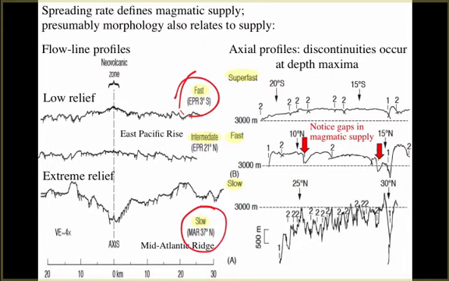Another thing to point out, these are axial profiles on the right, so looking along the axis. Just notice that along the length of a fast ridge system, we see gaps in the magmatic supply.